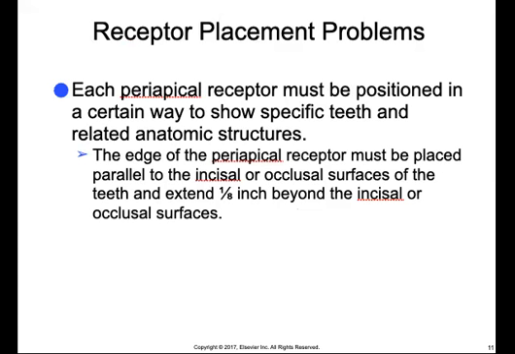This means that the edge of the periapical receptor must be placed parallel to the incisal or occlusal surfaces of the teeth and extend about 1/8 of an inch beyond the incisal or occlusal surfaces. A non-diagnostic image may result from improper placement of this receptor over the areas that you need, and inadequate coverage of the apical regions, or a dropped receptor corner.